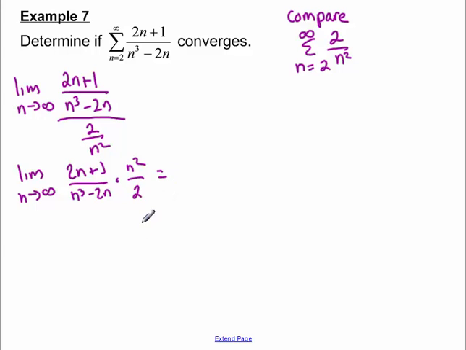Similar to that last problem, when we multiply all this out, we'd get the same exponent with the same coefficient on the top and bottom. So we get 1.